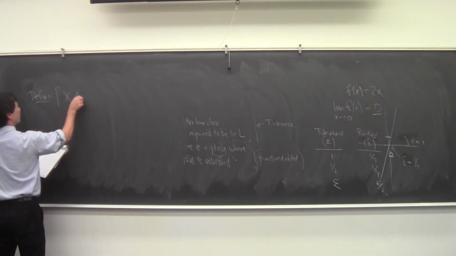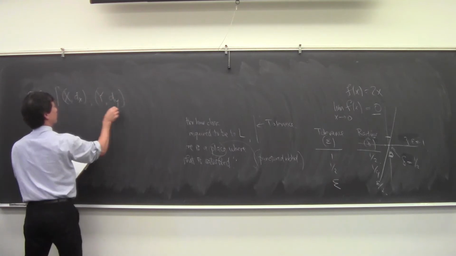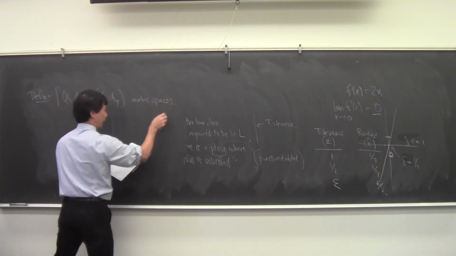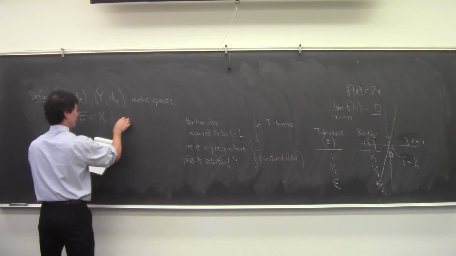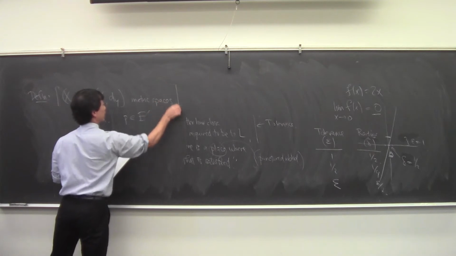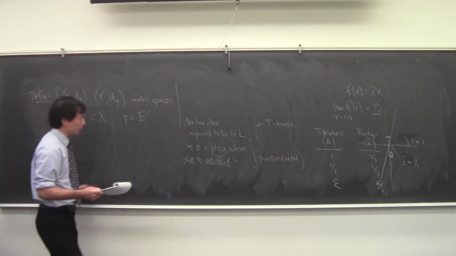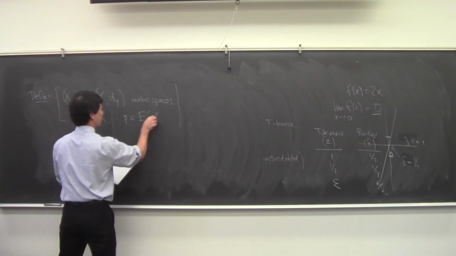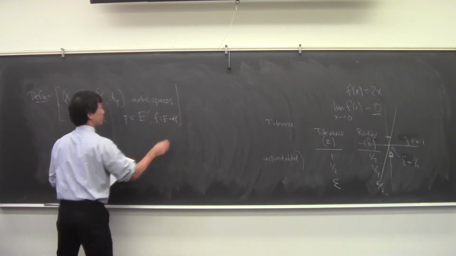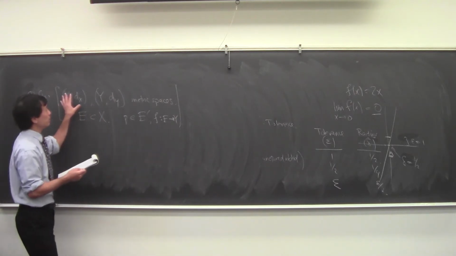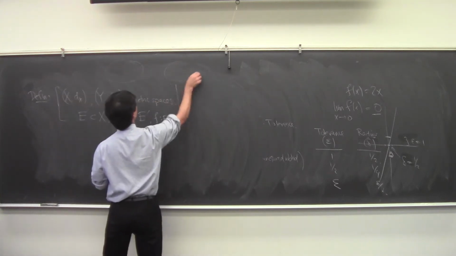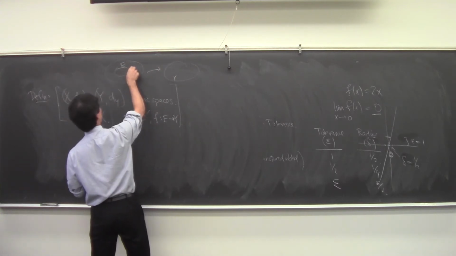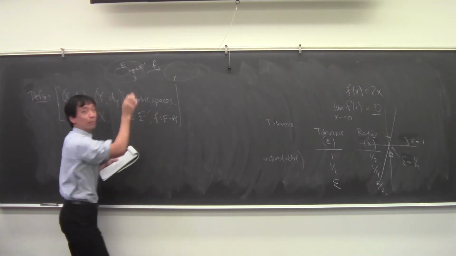You've got two metric spaces, X and Y, with metrics d sub X and d sub Y. And you've got some set E in X, and you've got some point p in the limit points of E. And you have some function going from E into the metric space Y. So you've got one metric space, another metric space, some function, some set, and some limit point p. And you've got some function going from left to right.